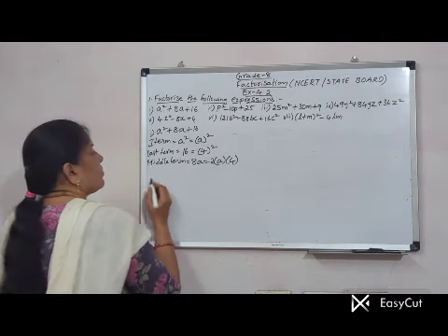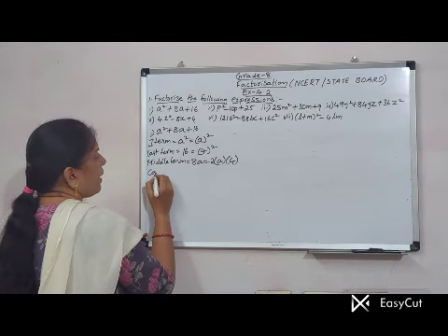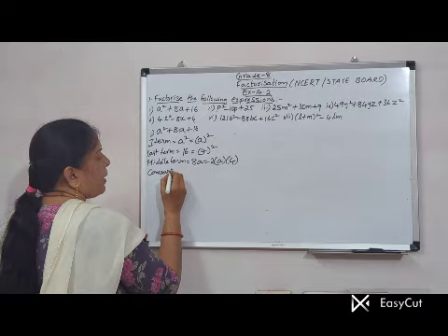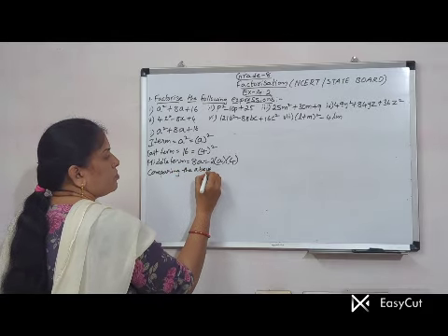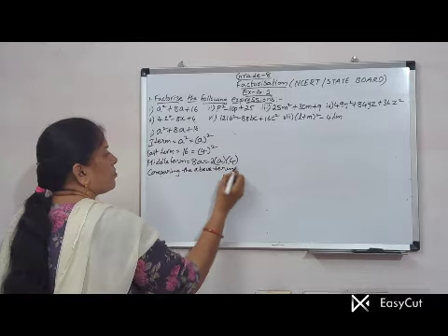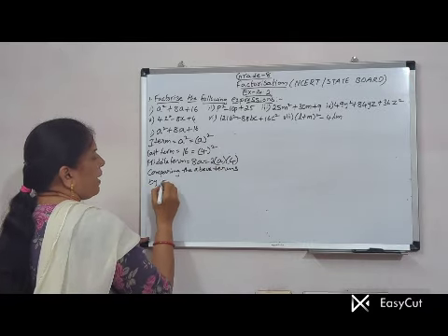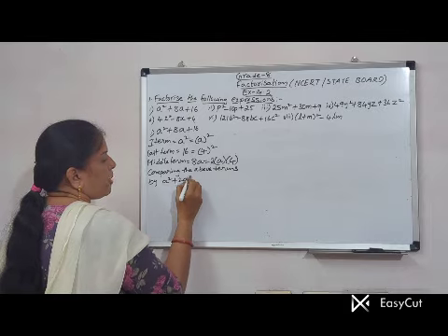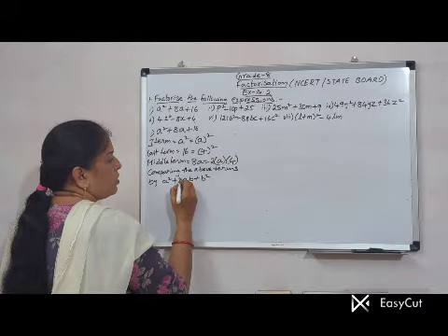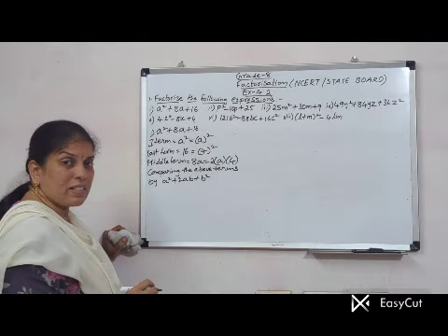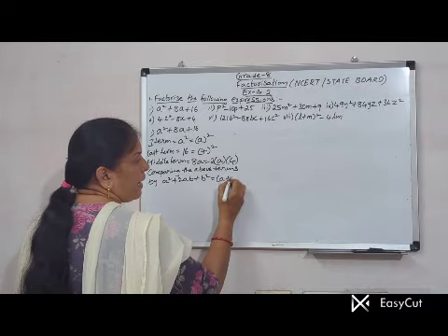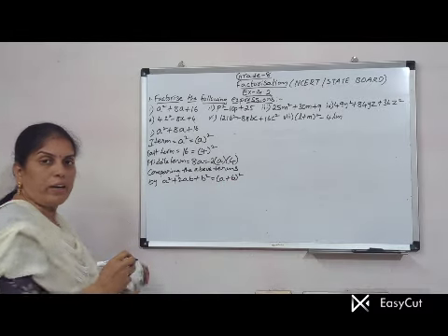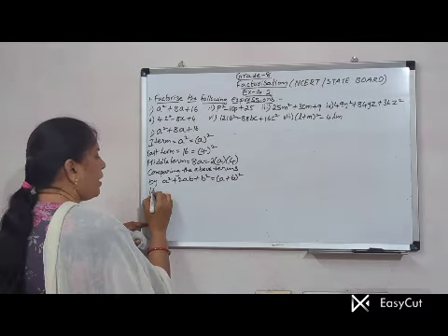So, comparing the above terms by a square plus 2ab plus b square. What is the formula? A square plus 2ab plus b square is equal to a plus b whole square. Here, what is a?